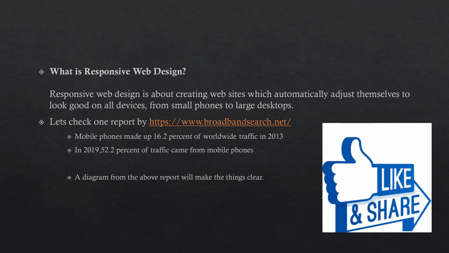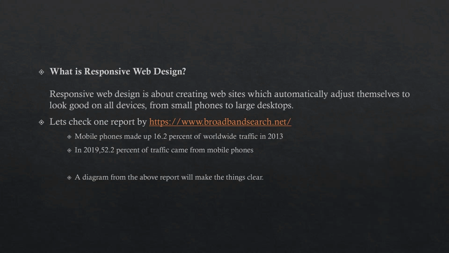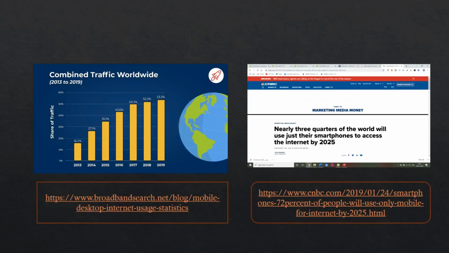So regarding this report, there is one diagram. Let's check the diagram. In the first diagram, you can see that in 2013 it was 16.2, in 2018 it's 15.2, and in 2019 it is 53.3.